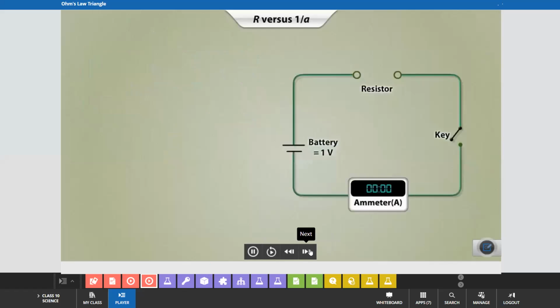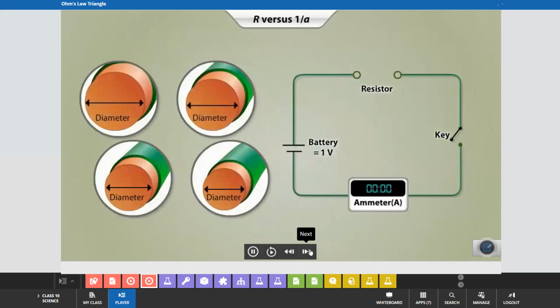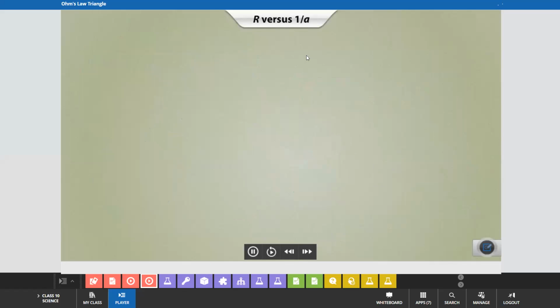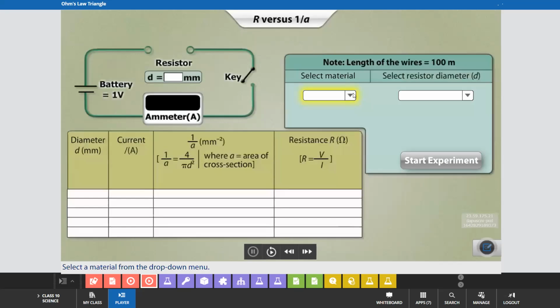Now, let's see how the resistance of a wire changes with its diameter, that is, the area of its cross-section. For this experiment, the length of the wire will remain constant at 100 meters. First, select the material of the wire. Now, select the diameter of the wire and click Start Experiment to close the key and note down the ammeter reading.